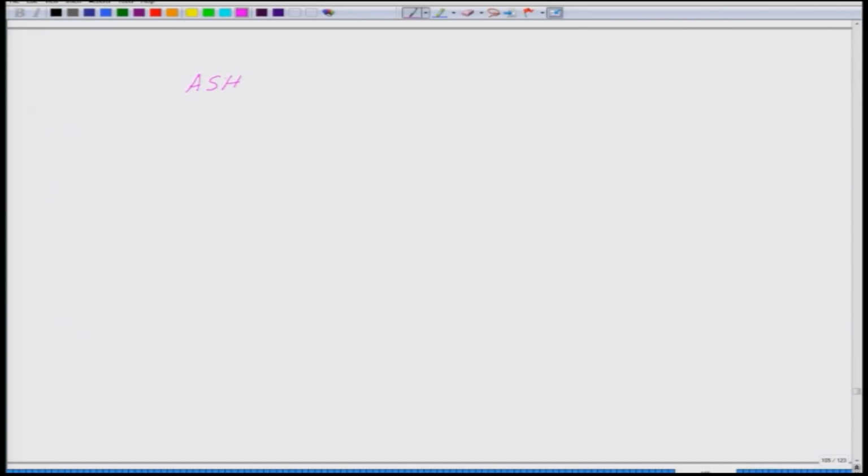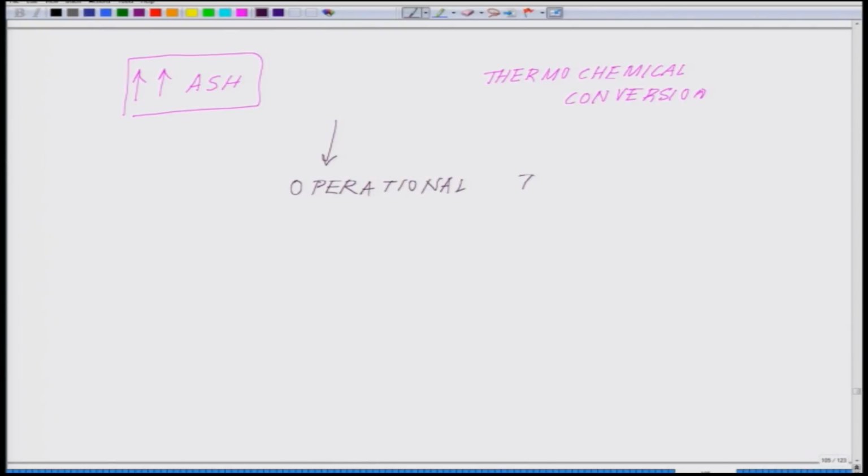So, what happens is that, especially when you are doing some thermochemical conversion, and if the ash content is fairly high, think of a case study where the ash content is fairly high, there are certain operational problems. And what are the operational problems you are going to face? So, the operational problems are something like this.